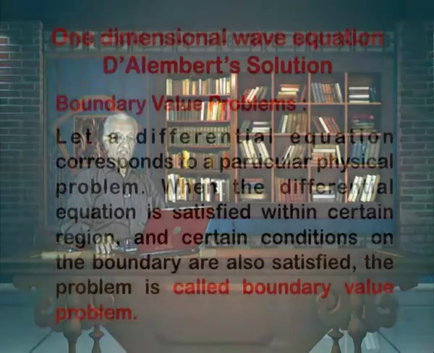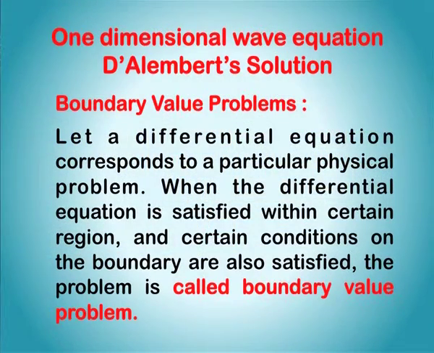We'll have two things. Every differential equation has two main types. One is a boundary value problem, another is an initial value problem. We'll define each of them. Let a differential equation correspond to a particular physical problem, any physical problem that you are undertaking.